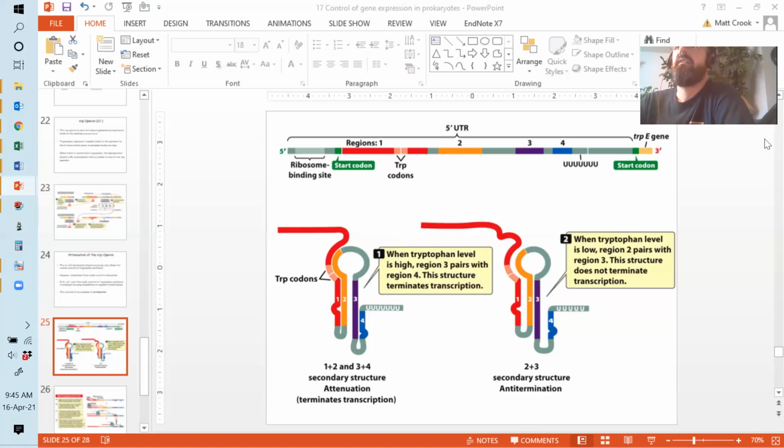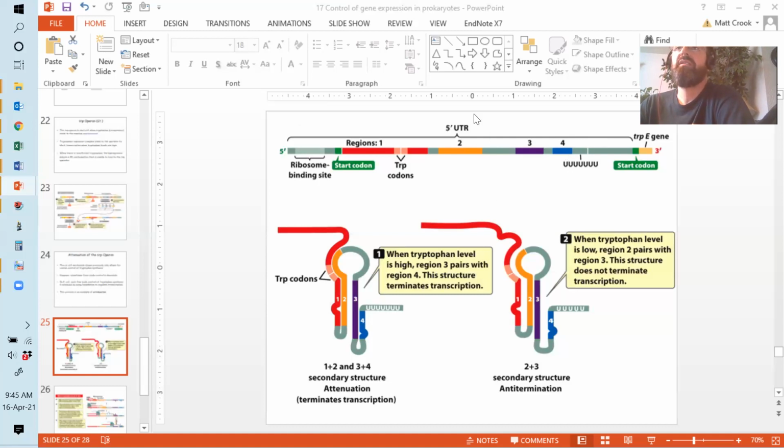And the reason why it isn't between 3 and 4 is because region 2 and 3 are produced before 4 is. And so there is no 4 for 3 to base pair with because it hasn't been made yet.